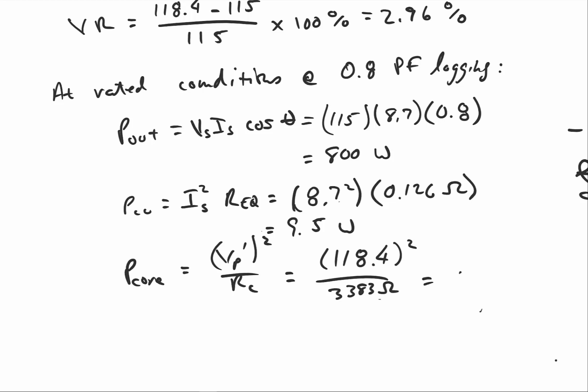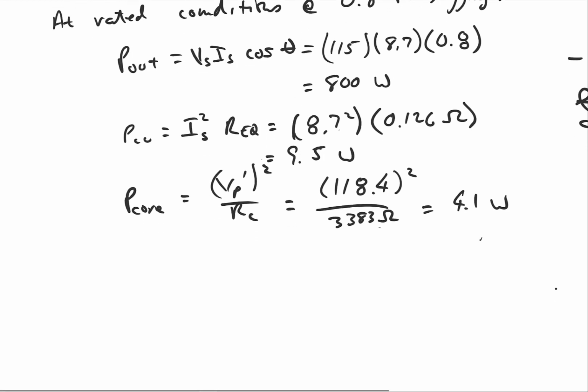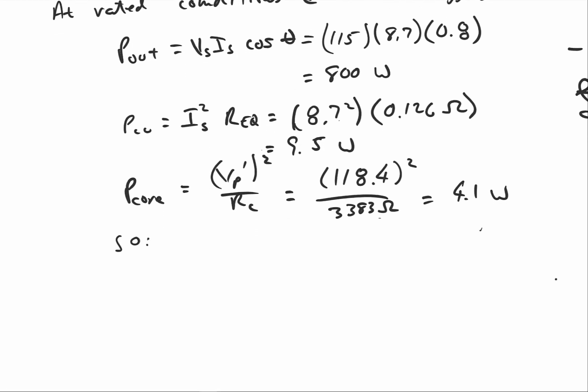And this gives us 4.1 watts. So the efficiency is equal to P out over P out plus the copper losses plus the core losses.